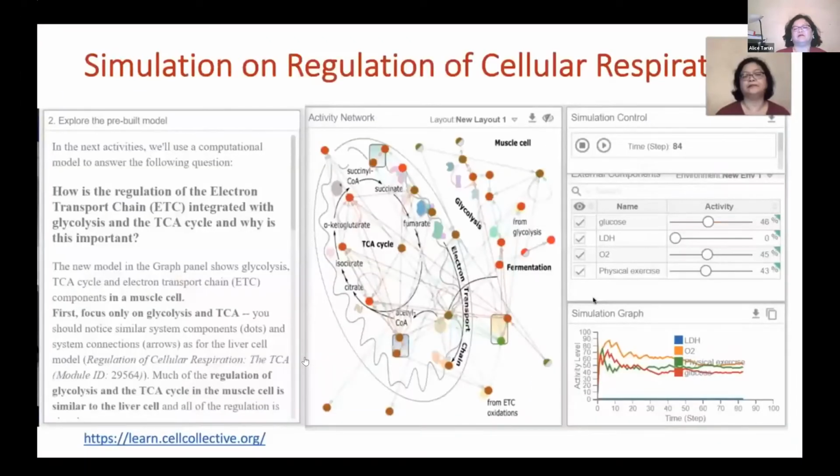Another site that I've used is learn.cellcollective.org. This is essentially using computer simulation.